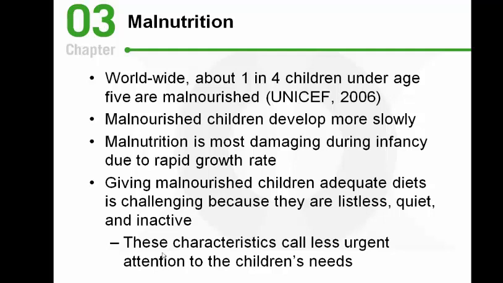Something that we also see is it can impact the personality or the temperament of children. Children who are malnourished tend to be more quiet and inactive. They don't have the energy that other children have. And because they are quiet and inactive, they're less likely to draw attention to their needs. So they may end up in a cycle where baby has not been fed enough, so then baby doesn't have the energy to fuss.